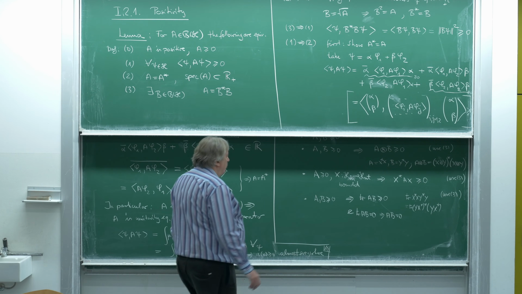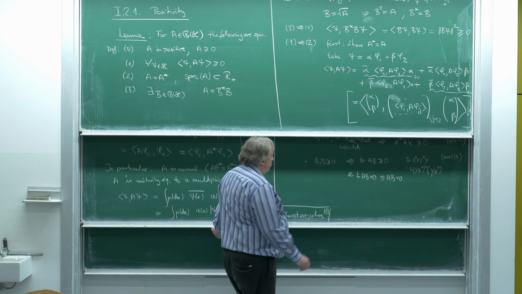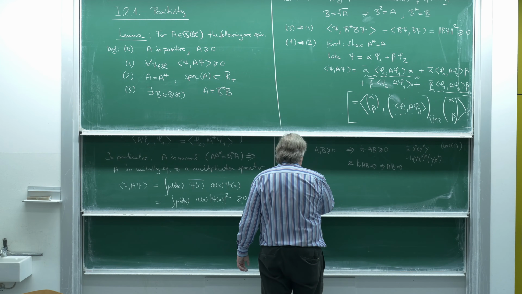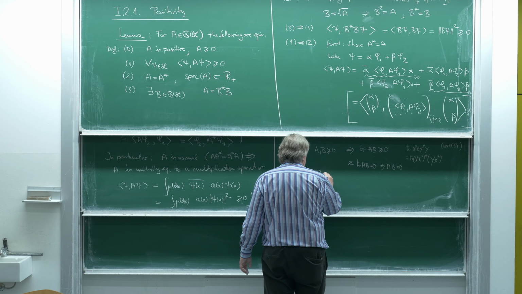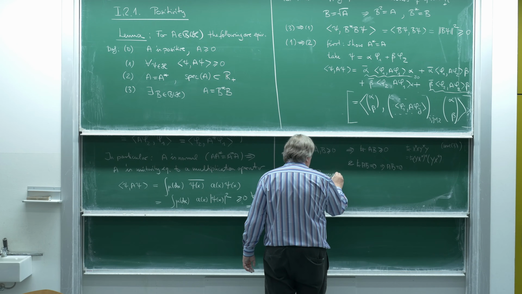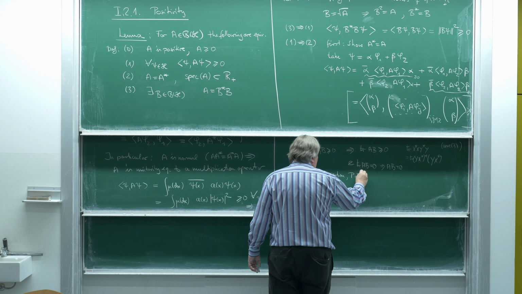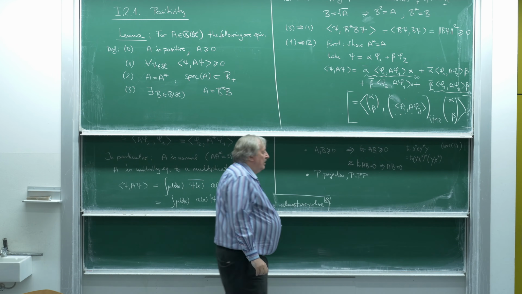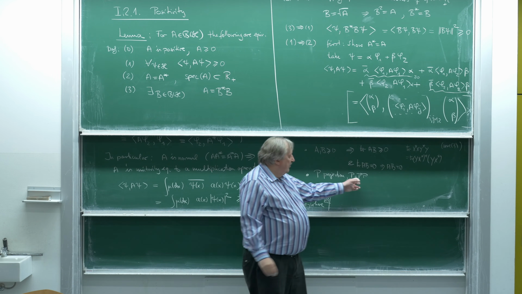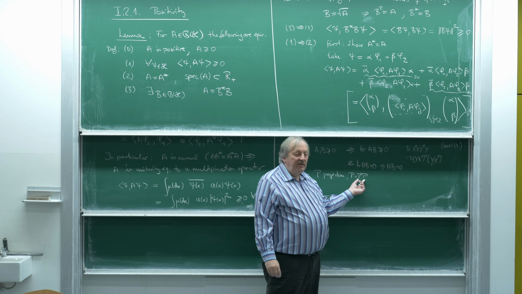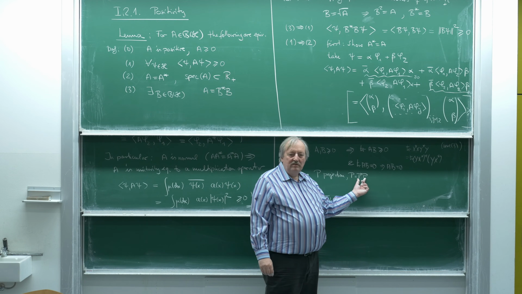Now, more consequences. If P is a projection, that is P is equal to P star P. By the way, writing it this way sneaks in the condition that P is Hermitian, because such an operator is always Hermitian.